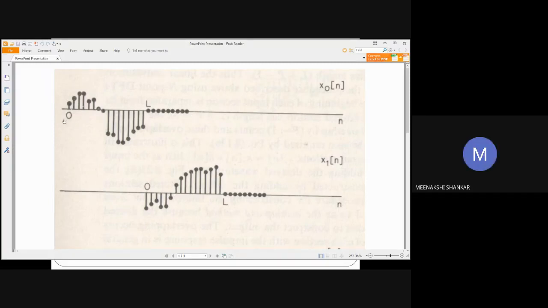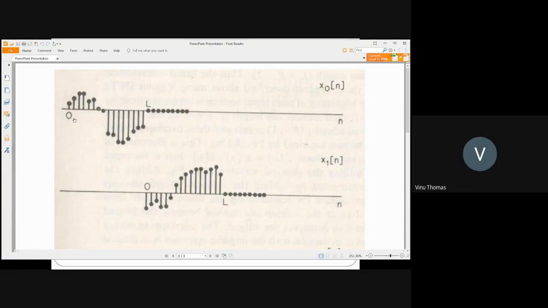Circular convolution becomes the same as linear convolution when the N-point becomes L plus P minus 1. For that, what you have to do is, this is an L-point sequence. You have to zero pad and extend x0 of n to length L plus P minus 1.